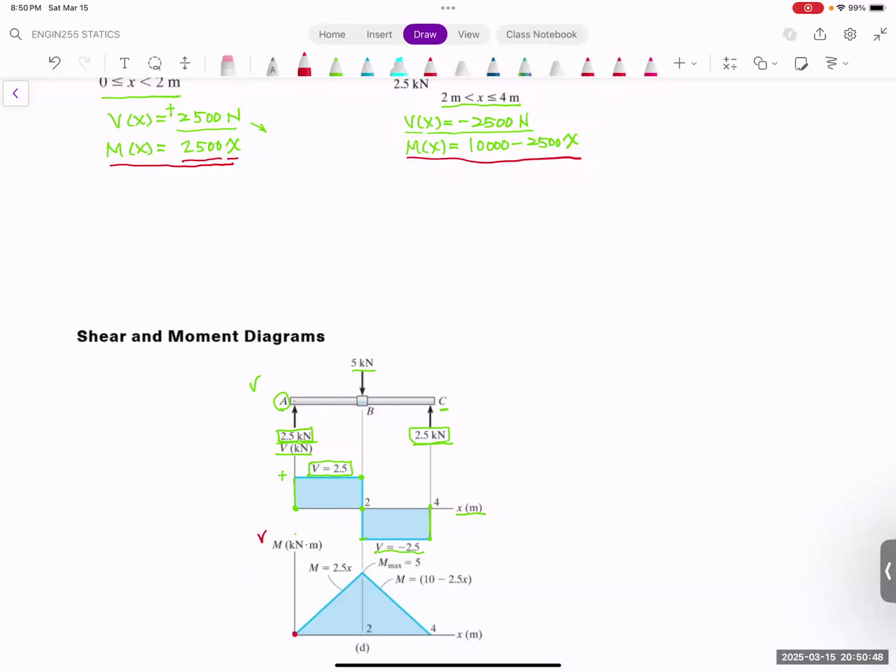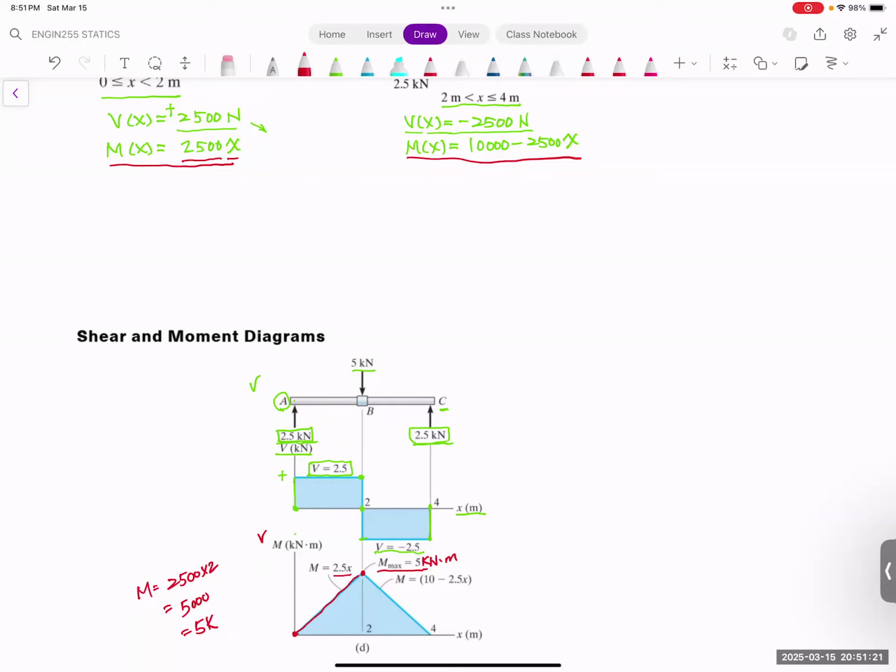When x is equal to 2, your moment is going to be 2,500 times 2, which is 5,000, a 5K. And this is what this 5K is. It's going to be proportional to that, and the slope is going to be 2.5 thousand.